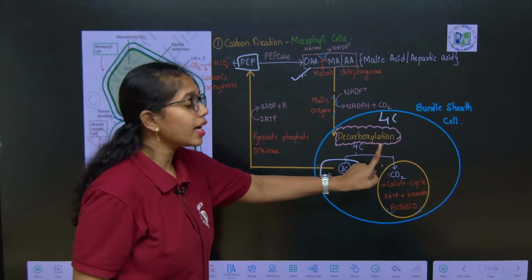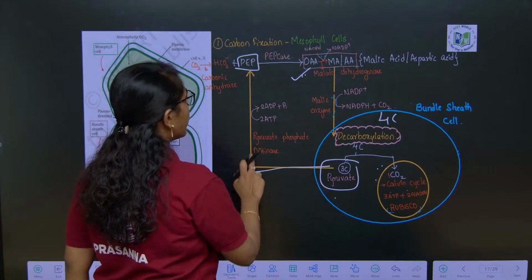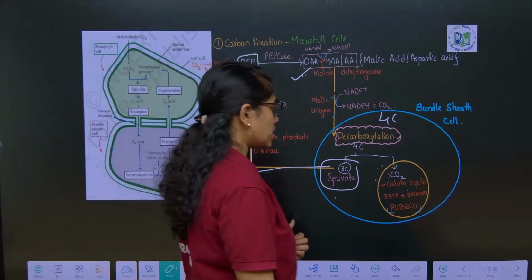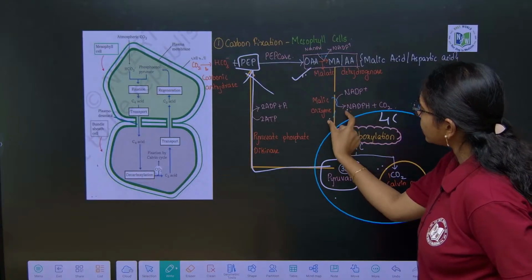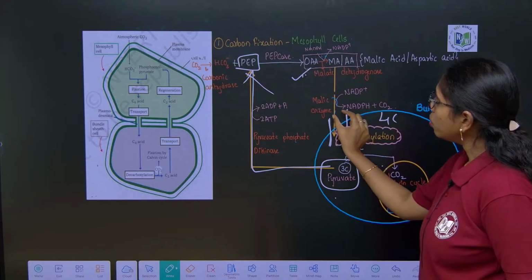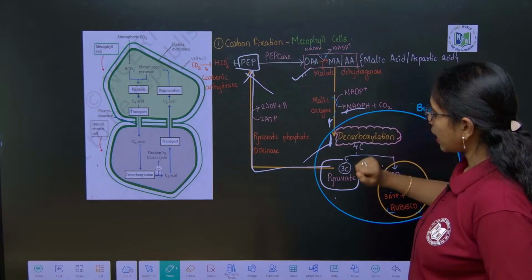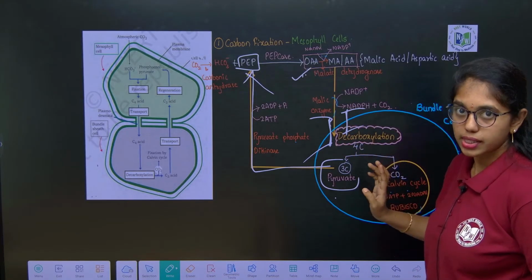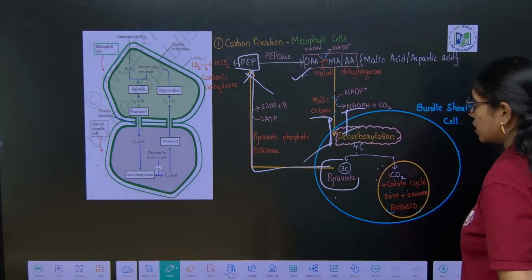This 1 carbon dioxide will activate the Calvin cycle, and this 3 carbon pyruvate will regenerate the PEP back in the mesophyll cells. And how does the malic acid or aspartic acid pass on to the bundle sheath cells? Through plasmodesmatal connections between the mesophyll cells and bundle sheath cells.